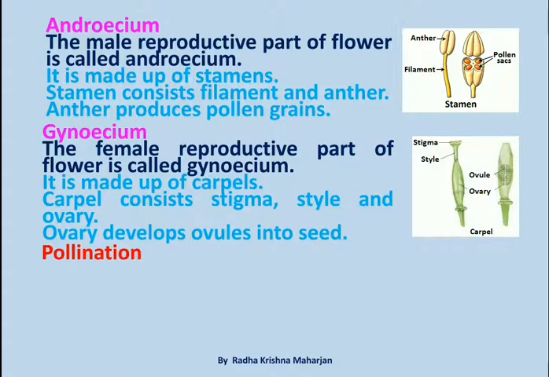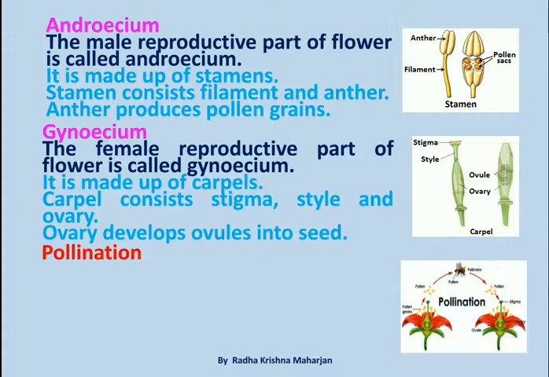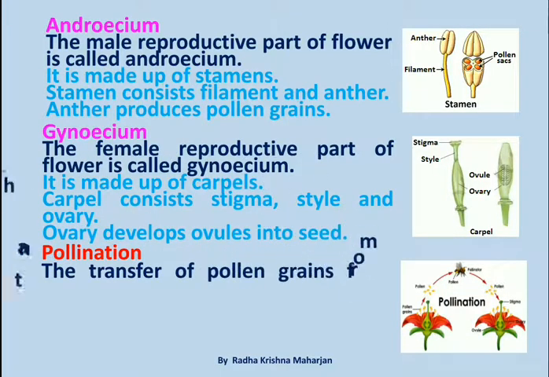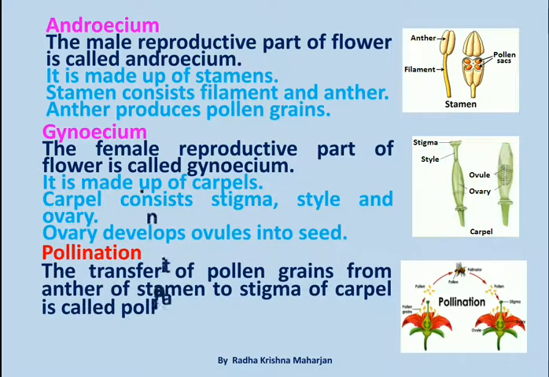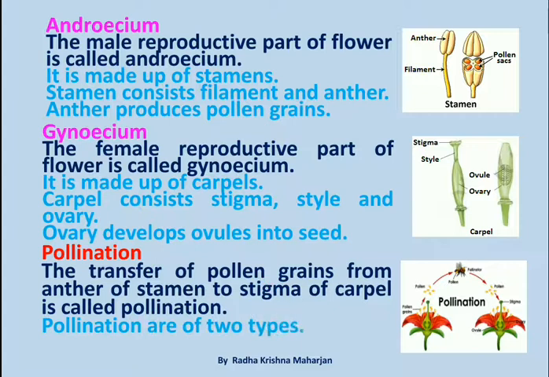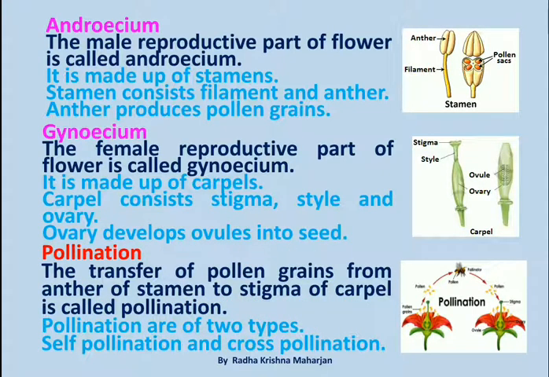Pollination. The transfer of pollen grains from anther of stamen to stigma of carpel is called pollination. Pollination is of two types: self-pollination and cross-pollination.